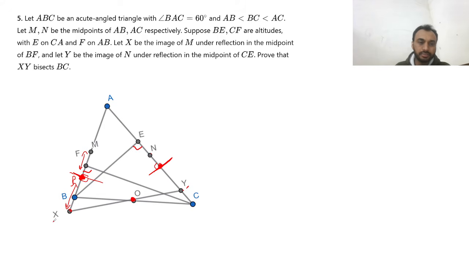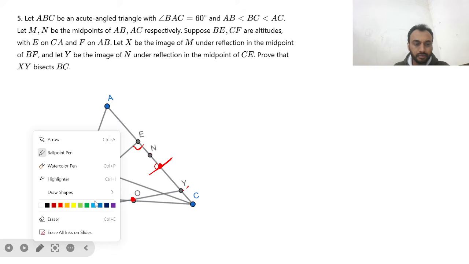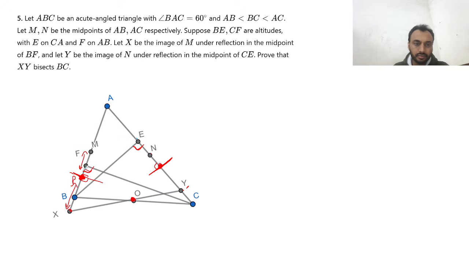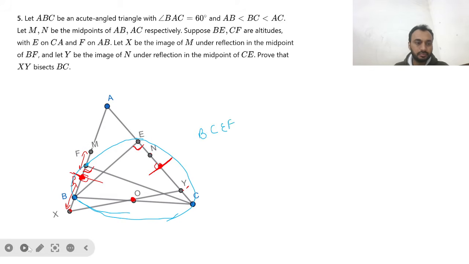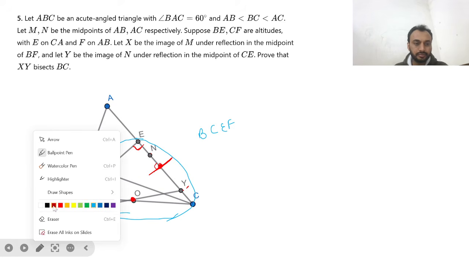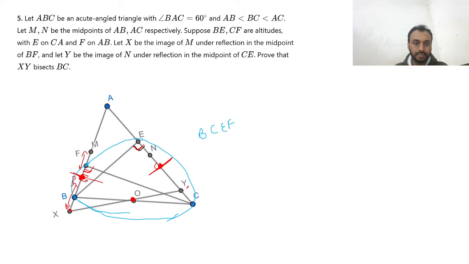The second point is we have altitudes, so we can draw a circle also, right? We can say that E and this point F lie on a circle. I hope all of you know that BCEF lies on a circle because they have an angle of 90 degrees.